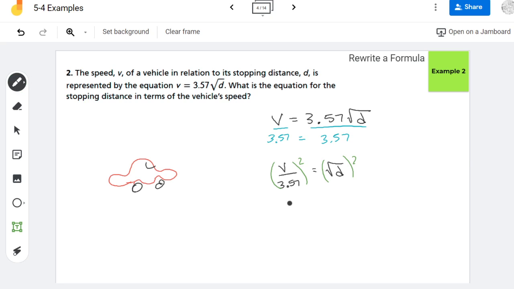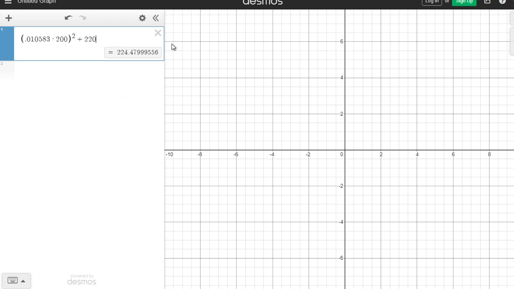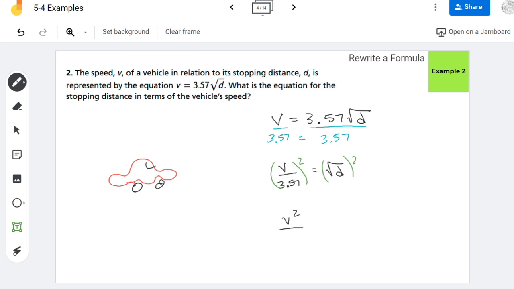So here I get v squared, and then I need to do 3.57 squared, which is 12.7449. That's hideous. But there it is. That is our equation for stopping distance in terms of speed.